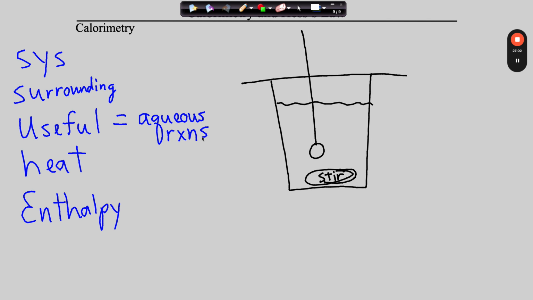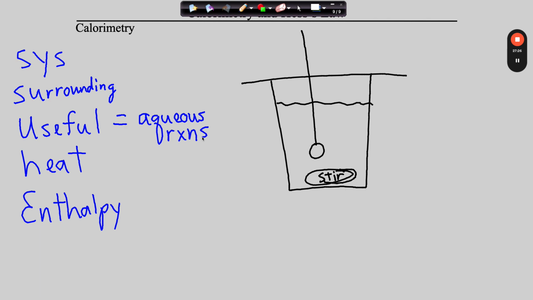So then you're thinking, well, wait, not all reactions are aqueous reactions. How do we study those? And the answer is there's lots of different kinds of calorimeters. Guys, as you summarize chapter 5, you might have run into bomb calorimeters. Those ones sounded really exciting, and then I read the description of it. They're not that exciting.